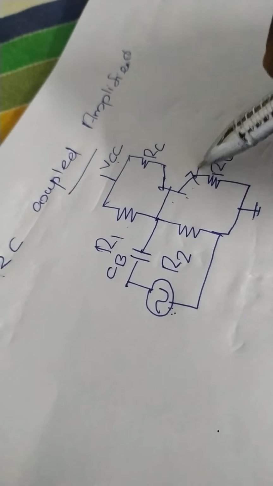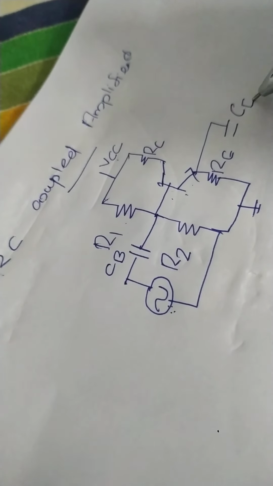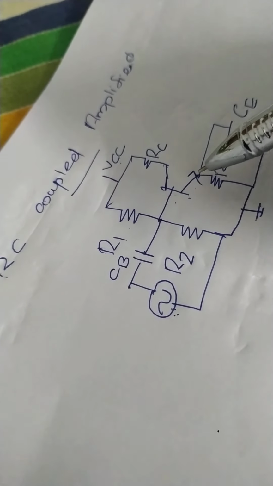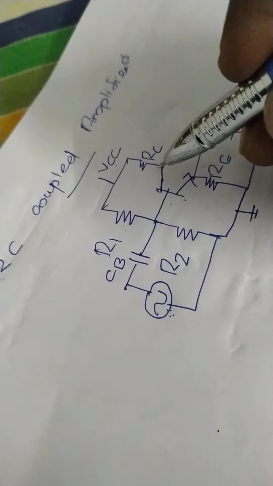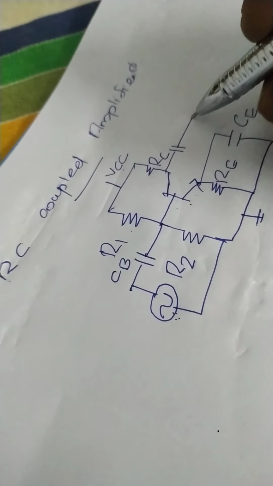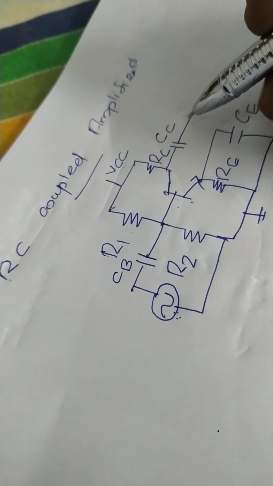In the emitter region there is a bypass capacitor, connected from the emitter region to ground. Then we take the output from the collector region through a coupling capacitor, the collector coupling capacitor.